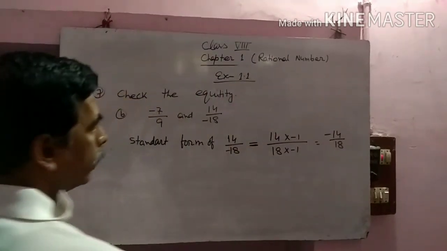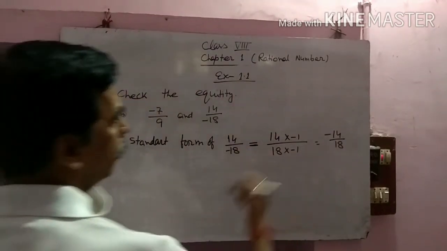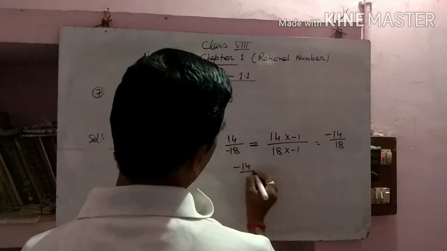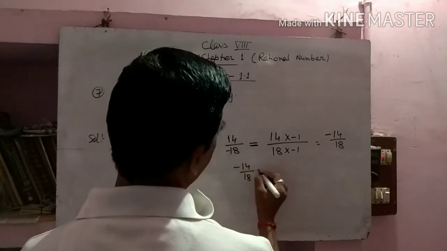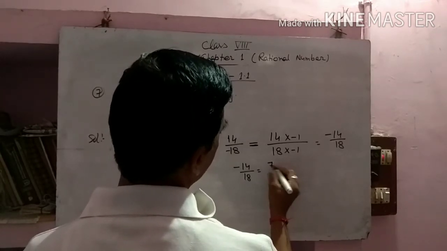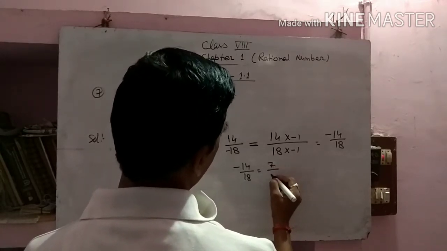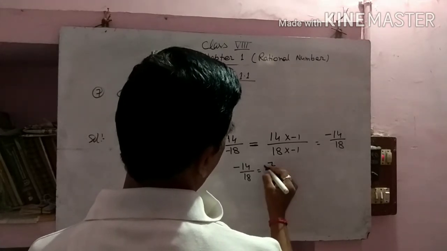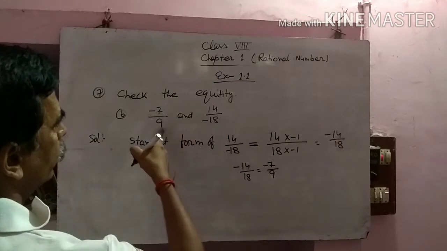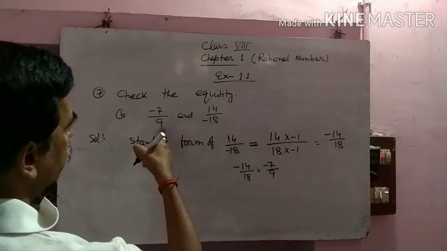Next one is the standard form of this one: if you divide minus 14 by 18 by a common number, it becomes minus 7 by 9. Okay, we get this one. Both are same.